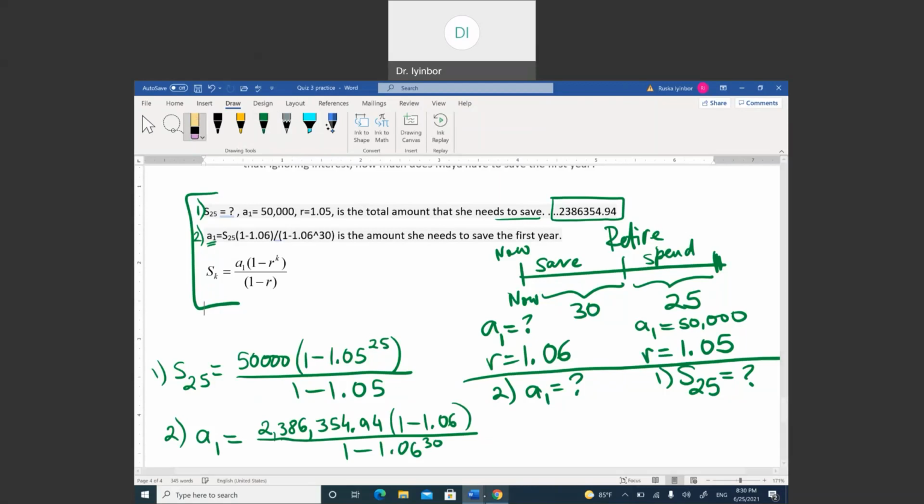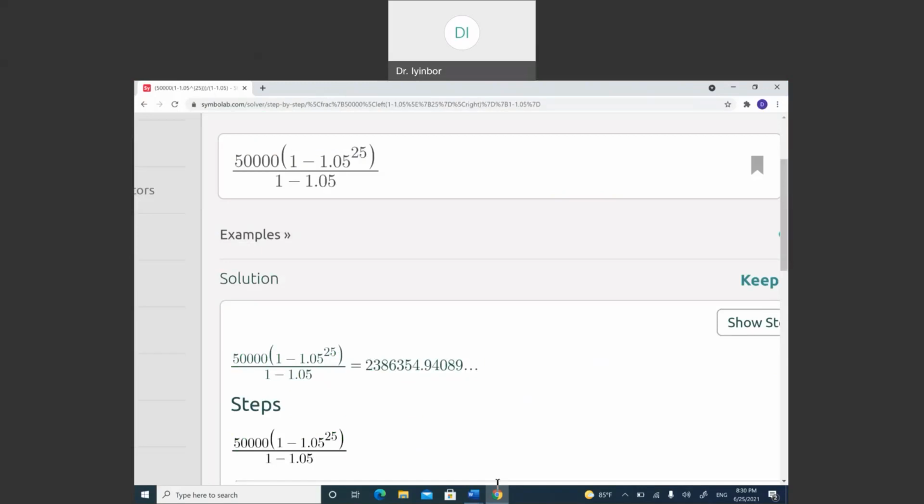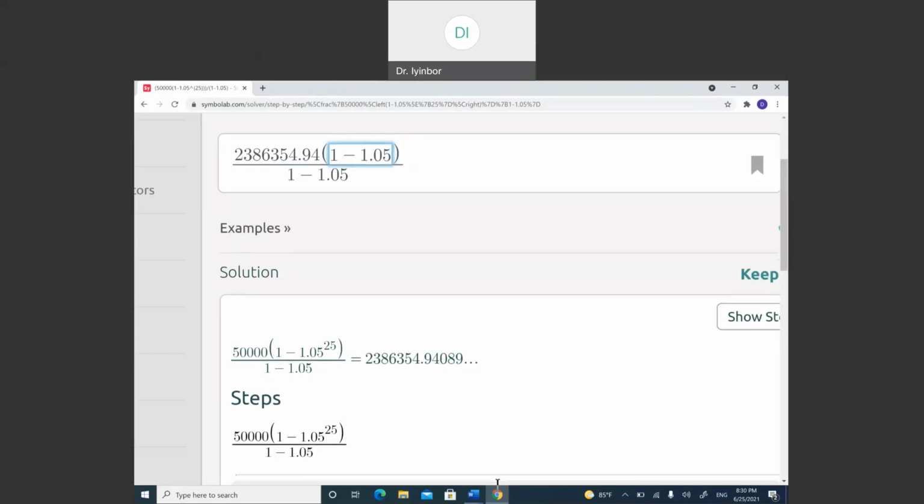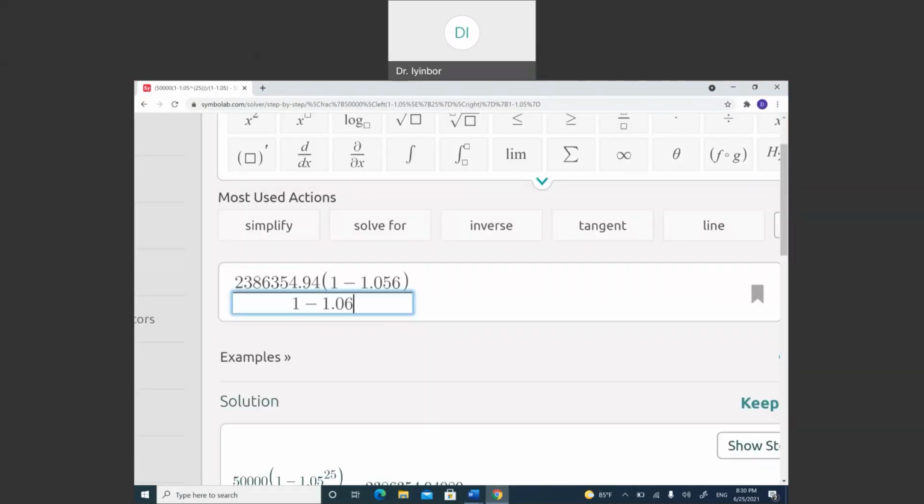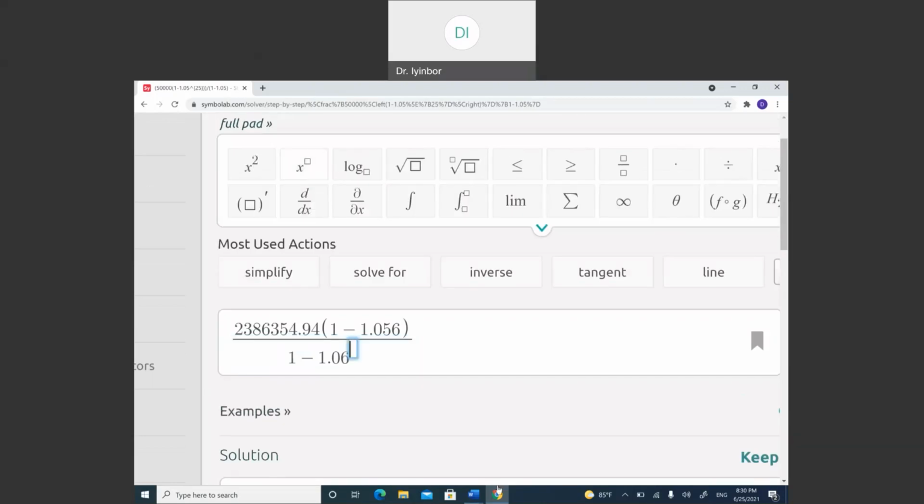So let's use that calculator. So I'm going to copy this number here. Okay. And then I have 1 minus 0.06.